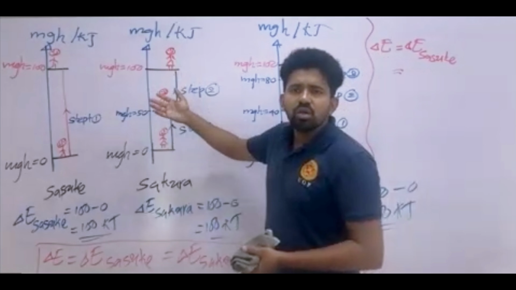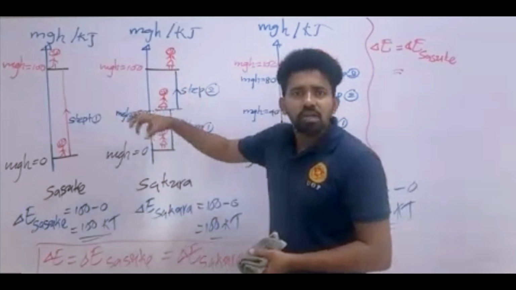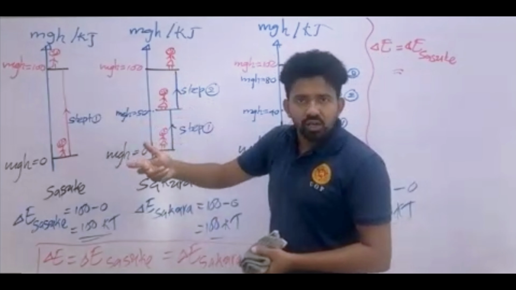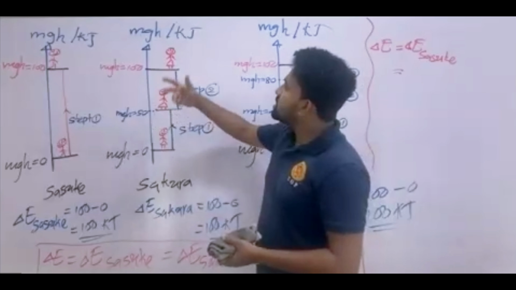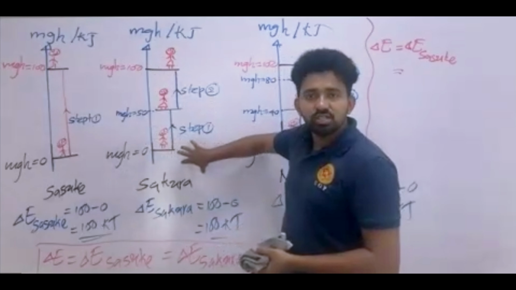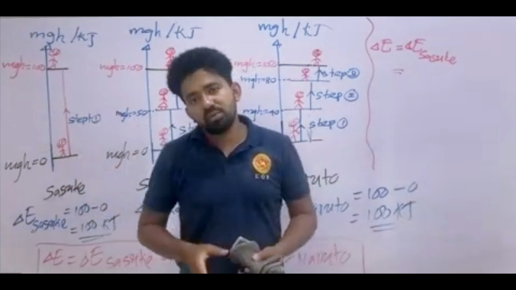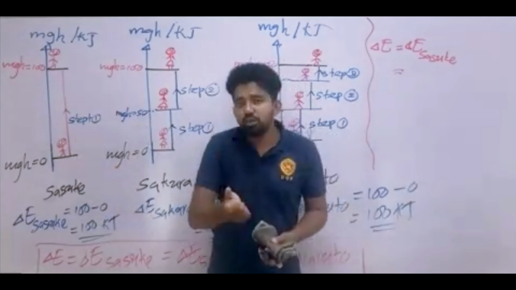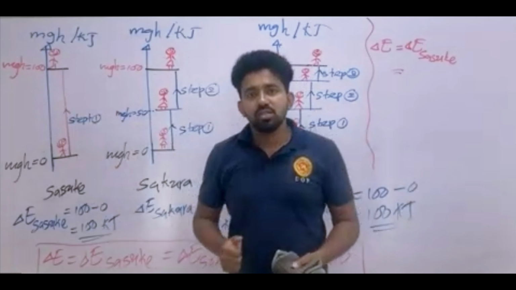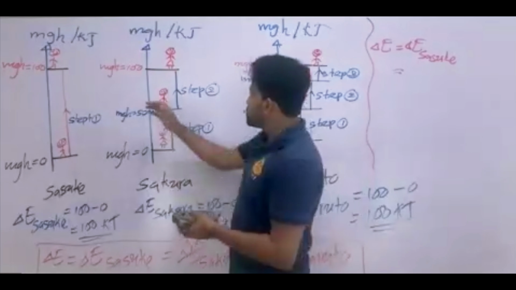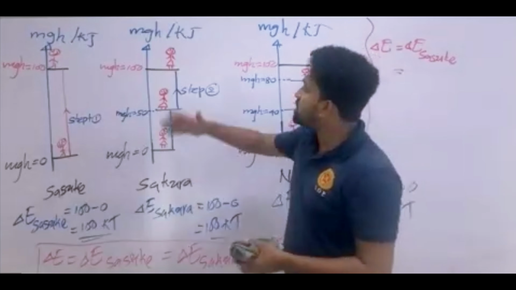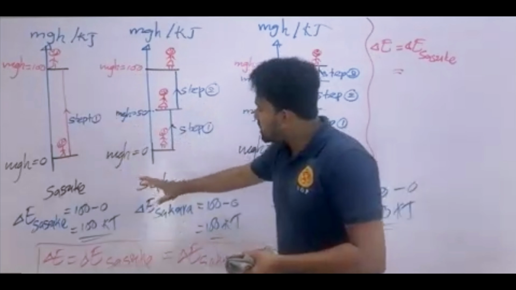If you know those two, we do not need to consider what has happened in the middle. We can do the calculations just by getting the difference between the final state and the initial state. So we do not need to know all the other intermediate steps. That is the benefit of the state functions. We can do the calculations if we know only the value of the final state and the initial state.